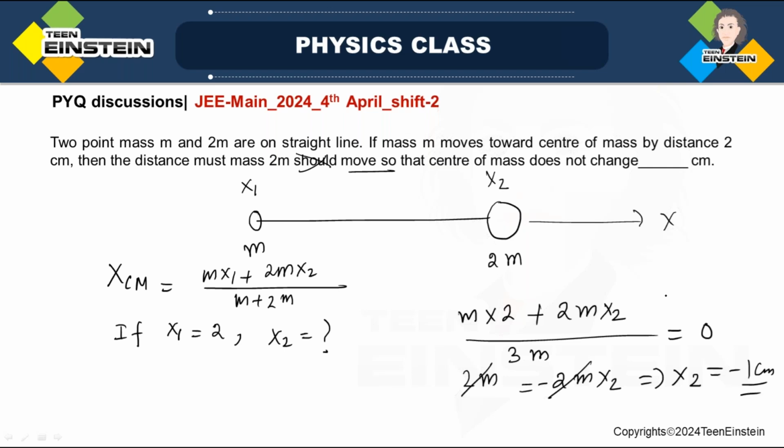That means if the small mass m moves, generally the center of mass will be situated somewhere near the bigger mass. Suppose this was the COM. Now this one has moved 2 centimeter over here, then this mass also has to shift.